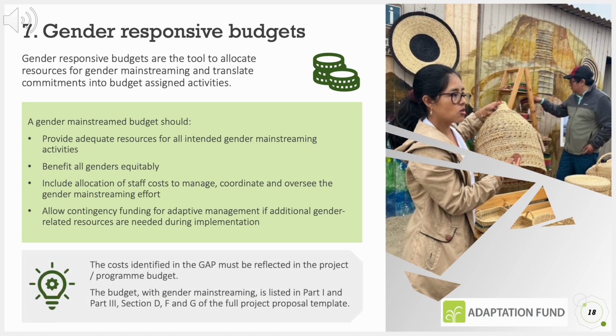The costs identified in the Gender Action Plan must be reflected in the project or program budget. The budget with gender mainstreaming is listed in Part 1 and Part 3, Sections D, F, and G of the project proposal template.